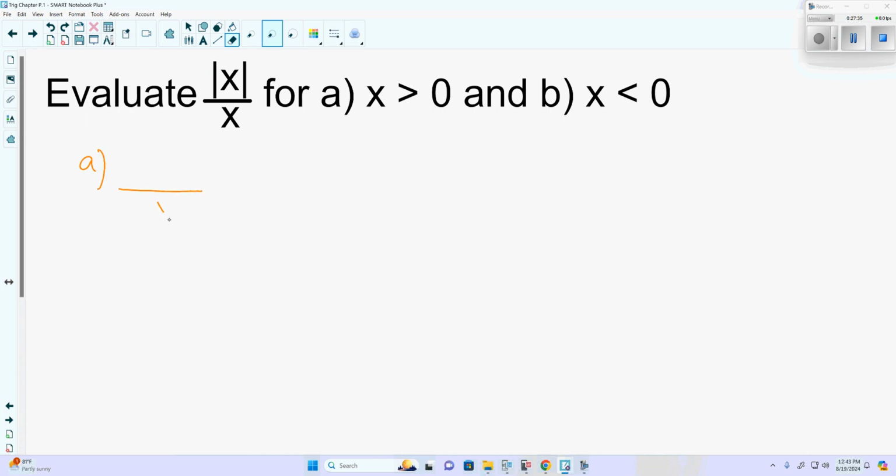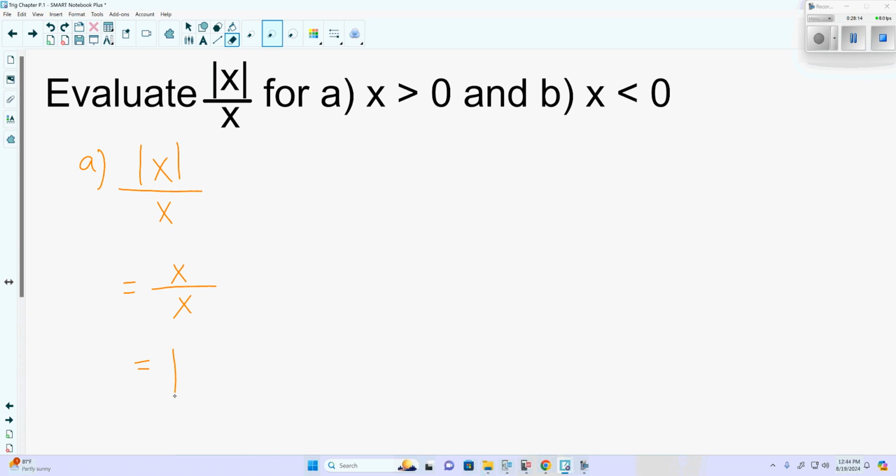We know that the X on the bottom is always going to be positive, yes? In the top, we're looking at the absolute value of X. Well, the absolute value of positive X is still going to be X. And X divided by X, anything divided by itself, is 1, yes? Because they're both positive X, we get positive 1. Questions on this here?